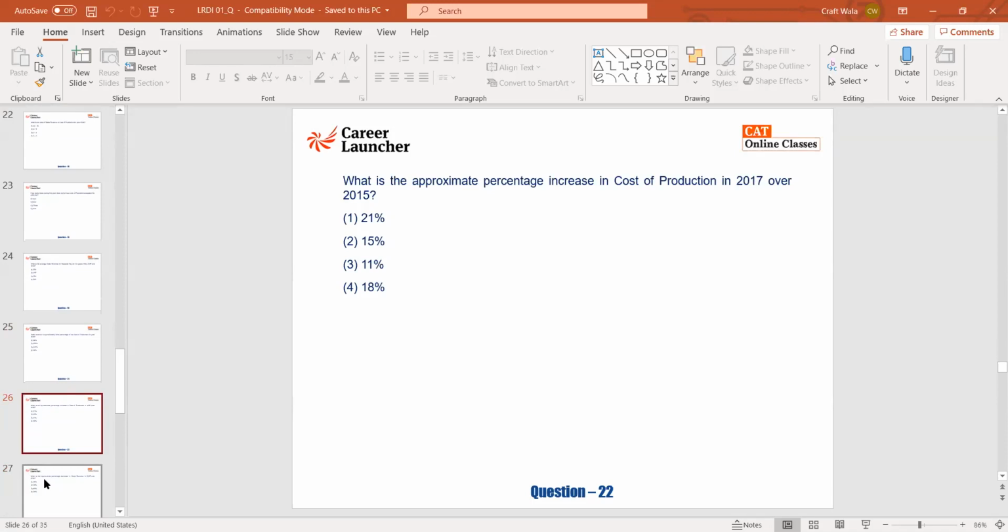What is the percentage increase in cost of production of 2017 over 15? 11%, okay. What is the approximate percentage decrease in sales revenue? 23rd one. 24%, okay.